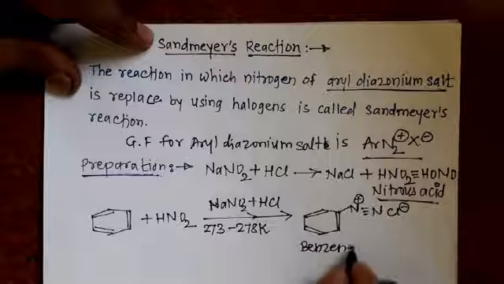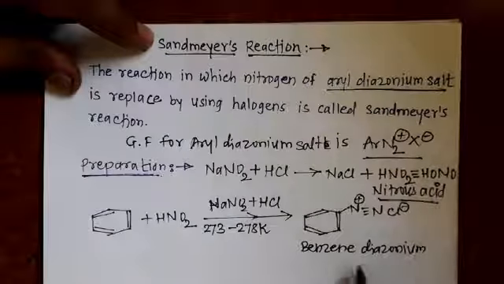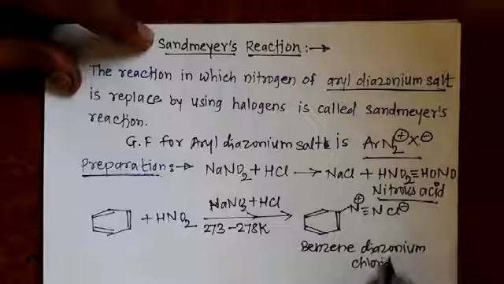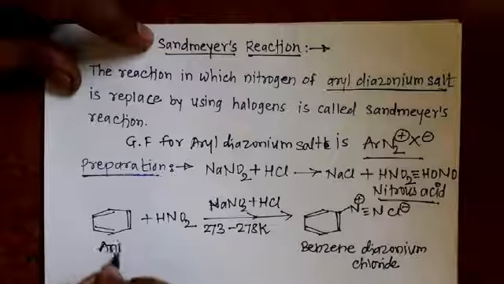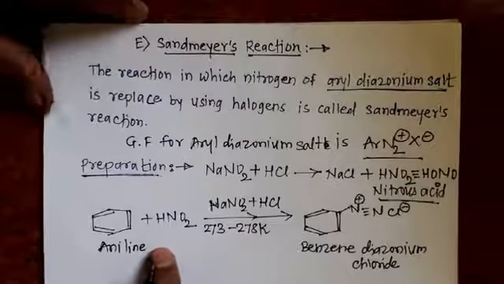And this benzene diazonium chloride or salt is prepared by using aniline and nitrous acid.